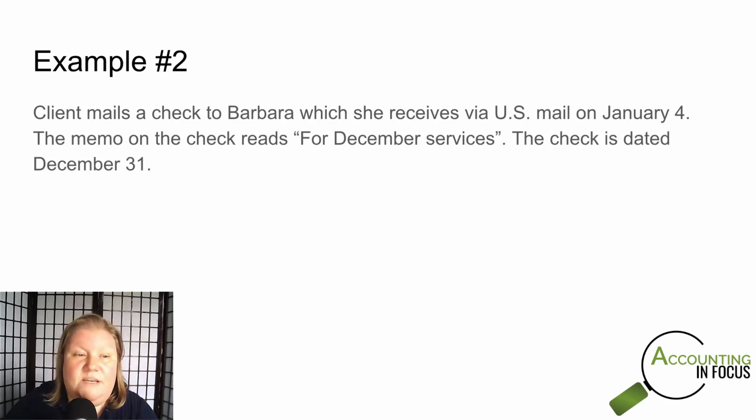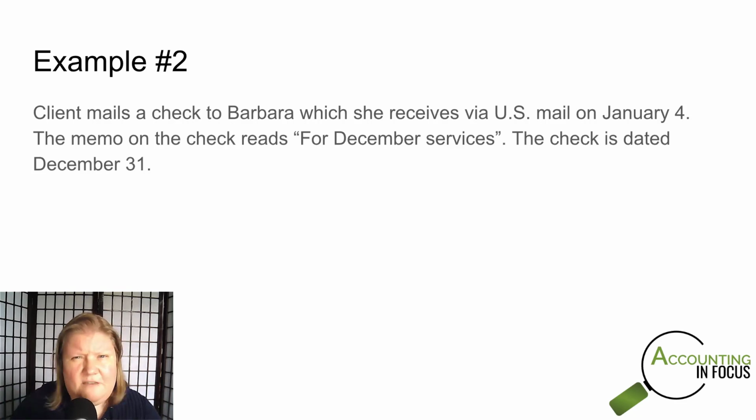Let's look at a different example. A client mails a check to Barbara, which she receives via U.S. mail on January 4th. The memo on the check reads for December services. The check is dated December 31st. Now, this is one where a lot of people think, well, if the check's dated December 31st, I have to pick up the income in the same year that the client picks up the expense. That is not true.